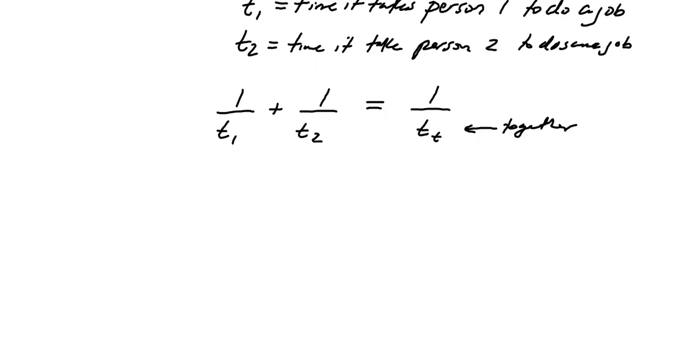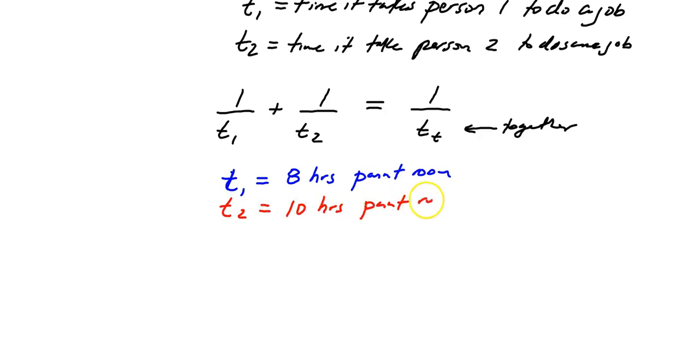Let me give you an example. Let's say person number one takes 8 hours to paint a room, and it takes person number two 10 hours to paint the room.